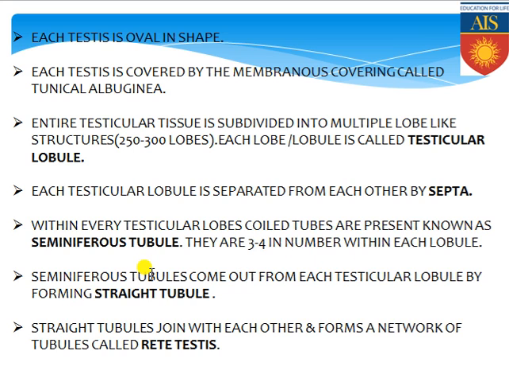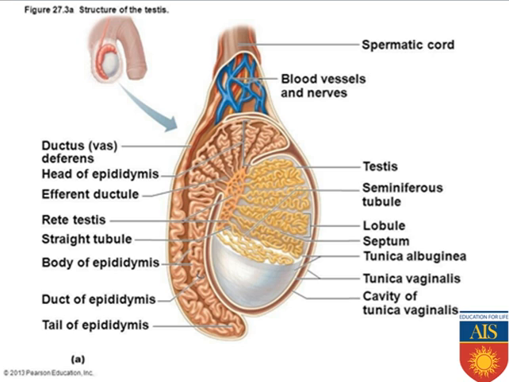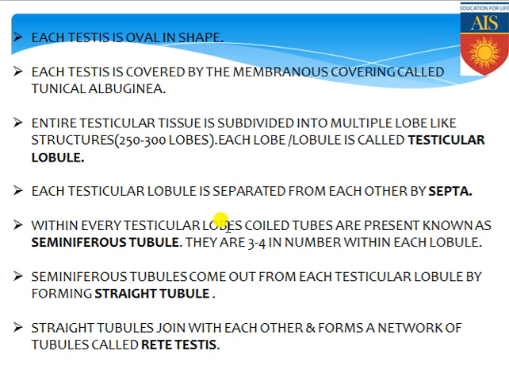Okay. Next, seminiferous tubules come out from each testicular lobule by forming the straight tubule. Here, you can see this seminiferous tubule coming out from the testicular lobule and forming a straight duct-like structure, and those are known as straight tubules. Clear?